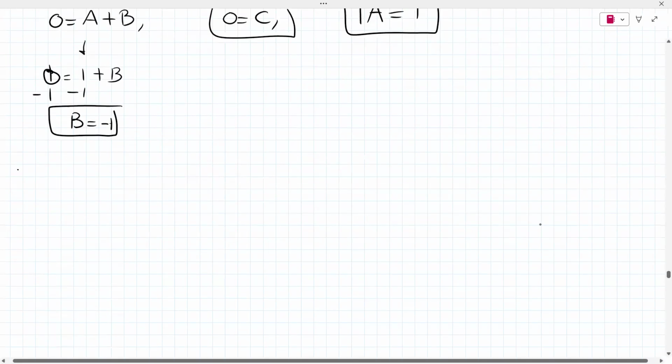We're going to set it up like the limit as a approaches infinity.